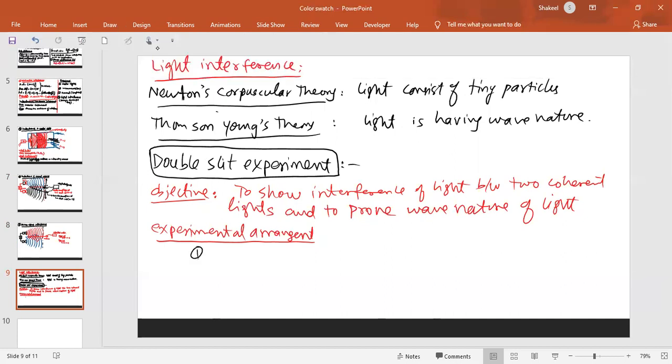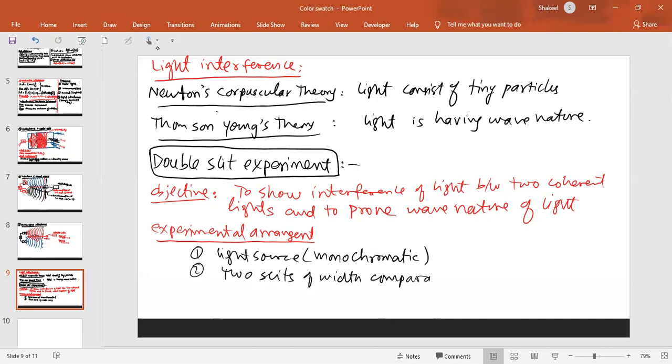The first is a light source, a monochromatic light source. Monochromatic means having only one wavelength. Secondly, two slits of width comparable to the wavelength of light.